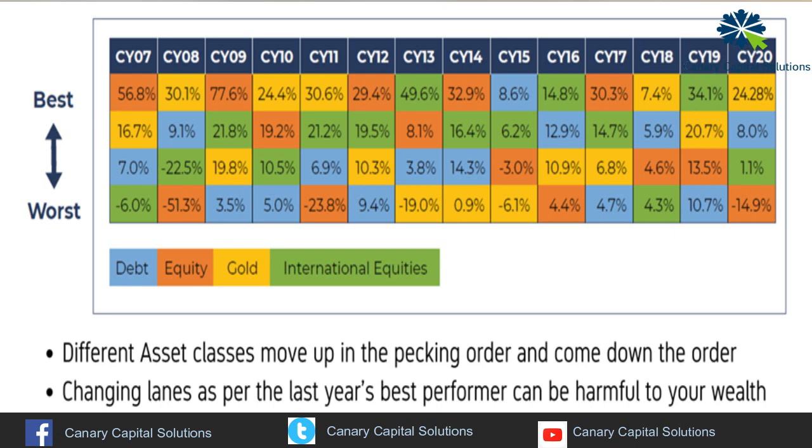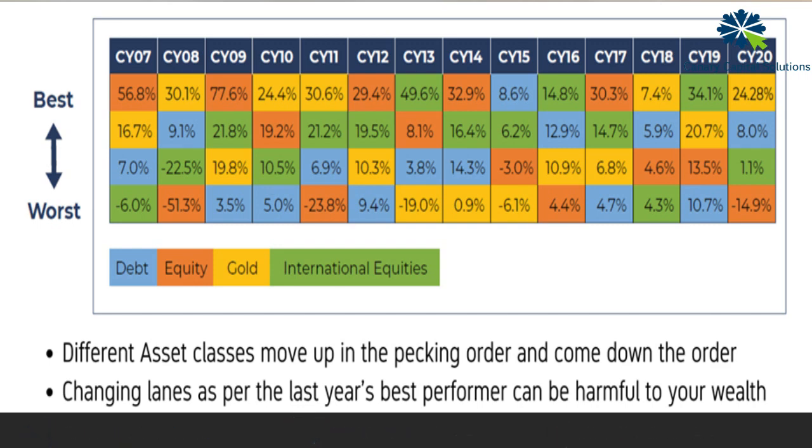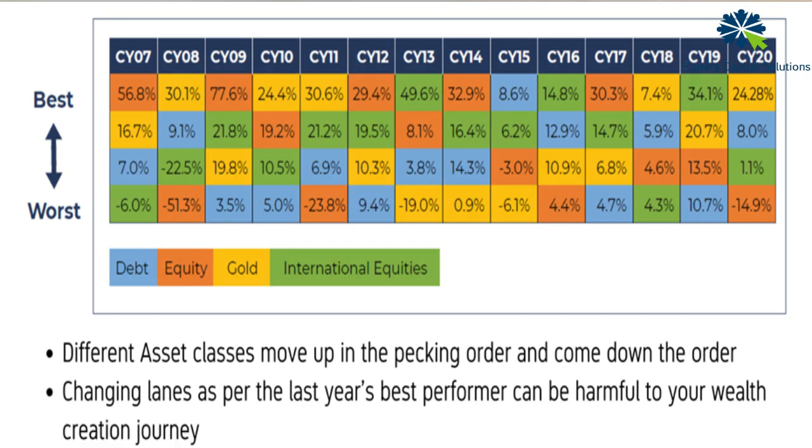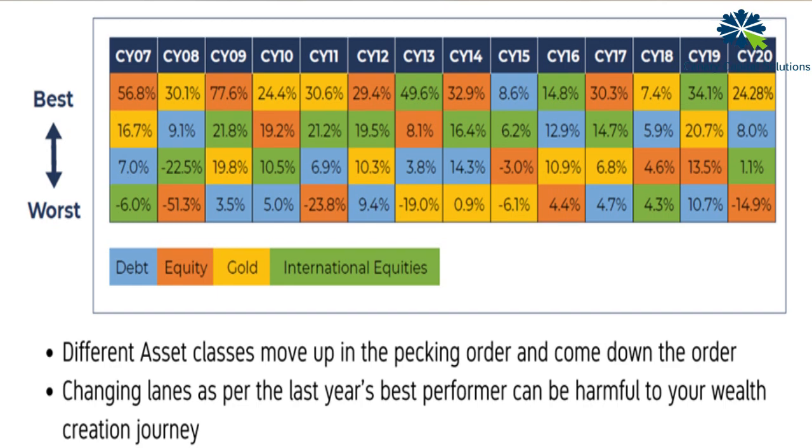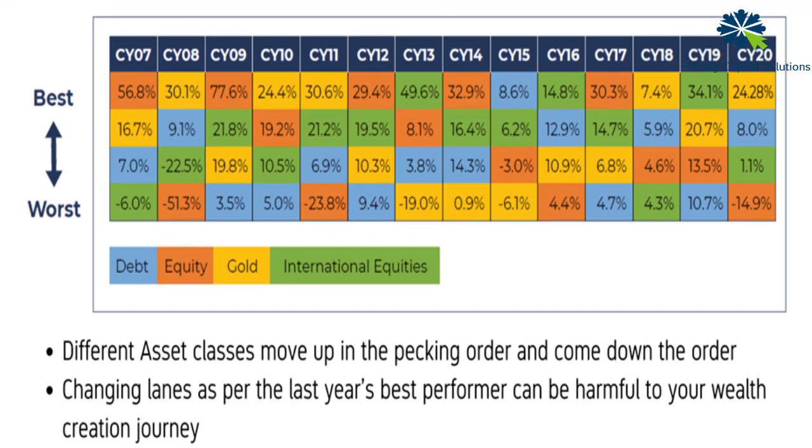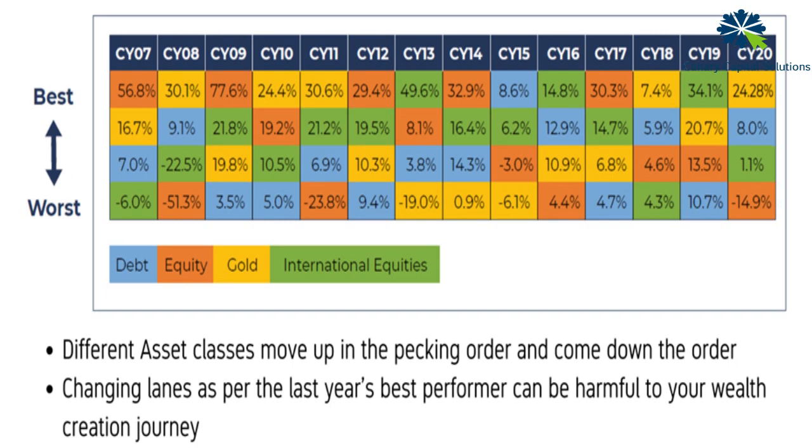If you look at this chart, the returns are given for various time periods over the last 10-12 years. In calendar year 2014, equity as an asset class performed very well and gave you a return of about 33%, whereas gold gave you 1% return in that year.